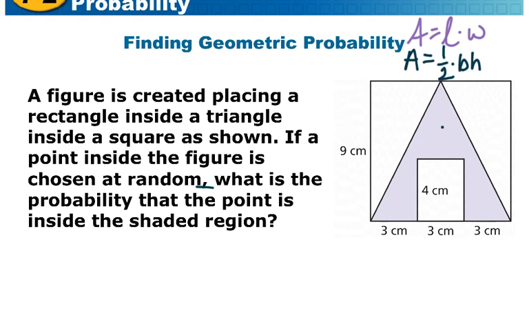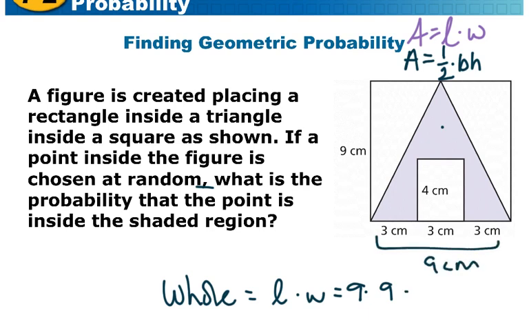We're going to need the entire area of the whole shape, which is length times width, 9 times 9, because our width here is 9 centimeters. So the entire shape has 81 square centimeters. The shaded region comes from taking the area of the triangle and subtracting out the area of the rectangle.